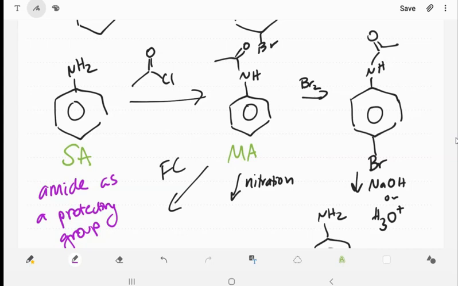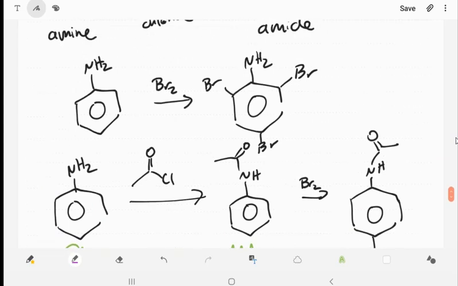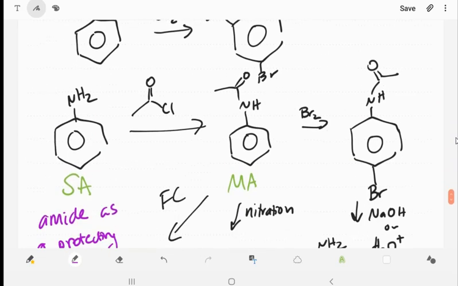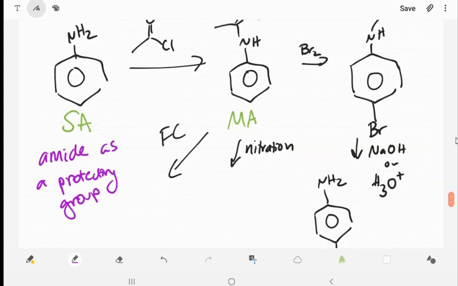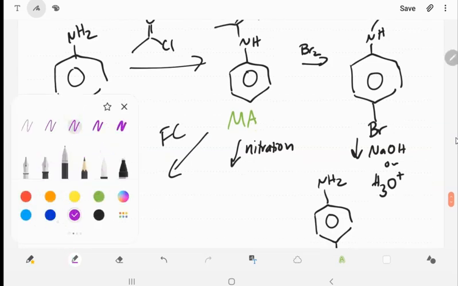So you're going from a strong activator to a moderate activator, and that'll help calm down your reaction as well. And so as a result, you don't get tribromination, you only get monobromination. Again, you don't even need the catalyst, you don't need the iron or the aluminum, because it's moderately activating. That's good enough to get your bromine on. And then it's removed with just acid or base, whichever one you feel like using.